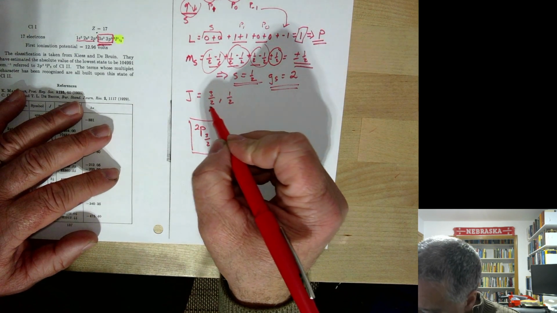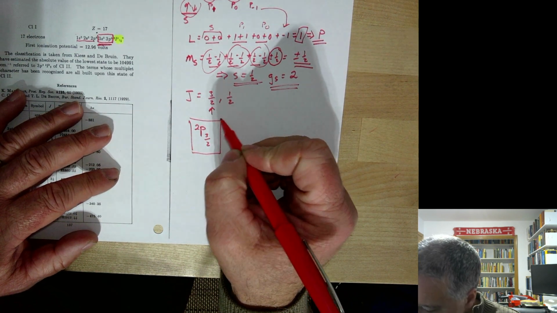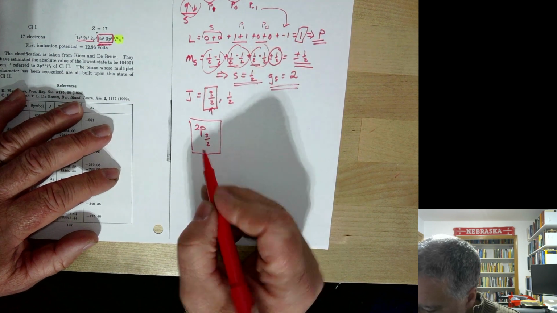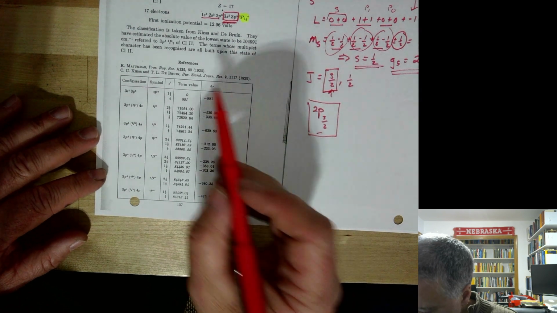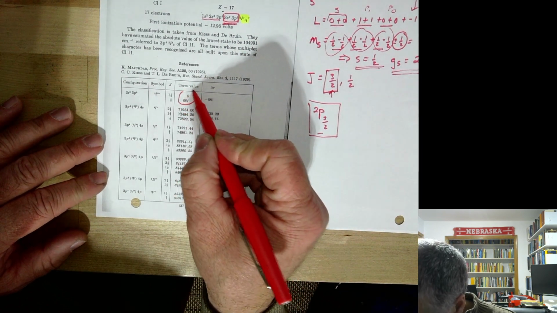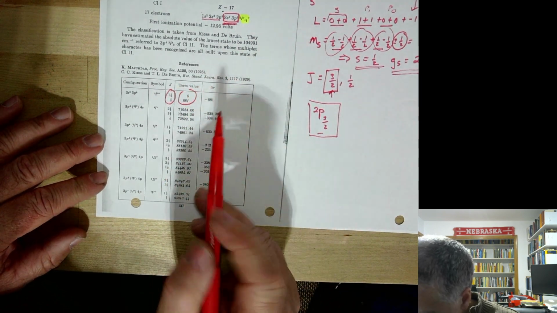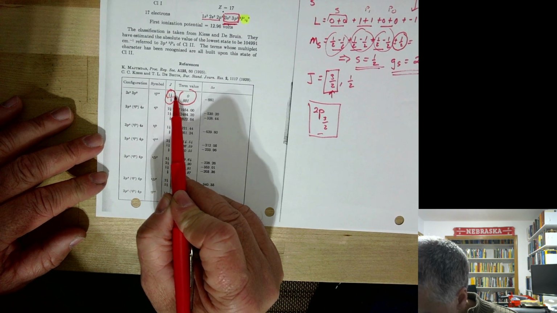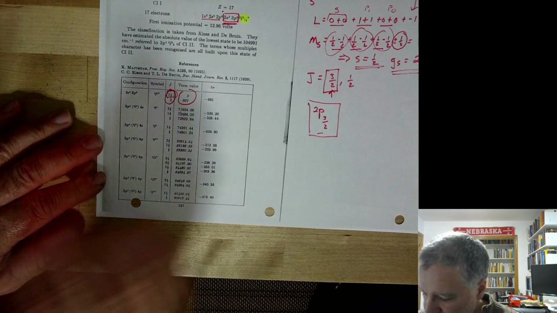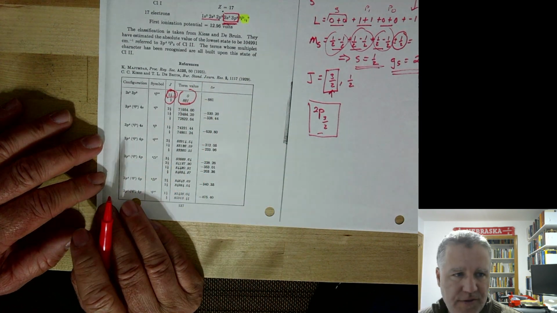And so we get 3/2 and 1/2. And we choose the 3/2 state because these are over half full. And if we go here and look at our values, then we see the 3/2 is the ground state here, 880 wave numbers.